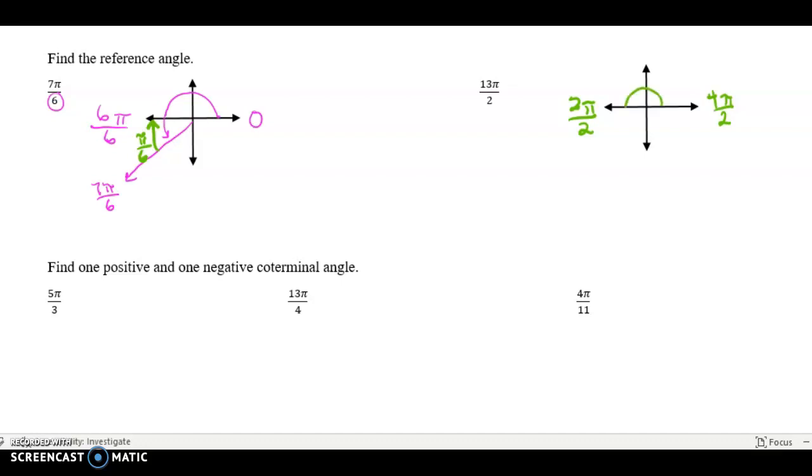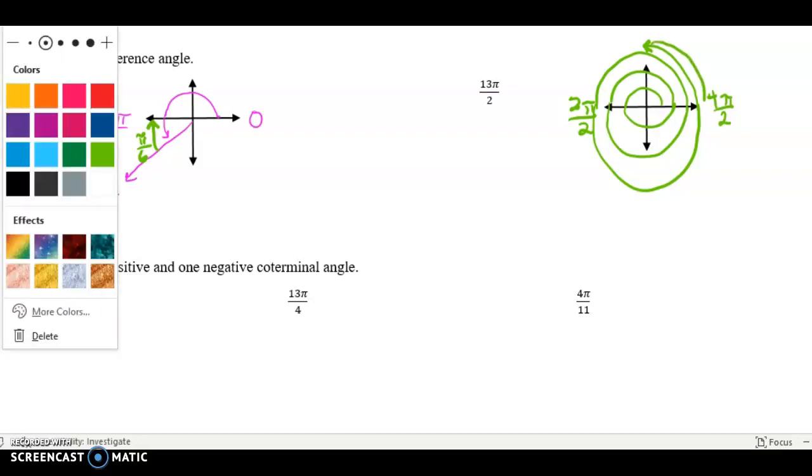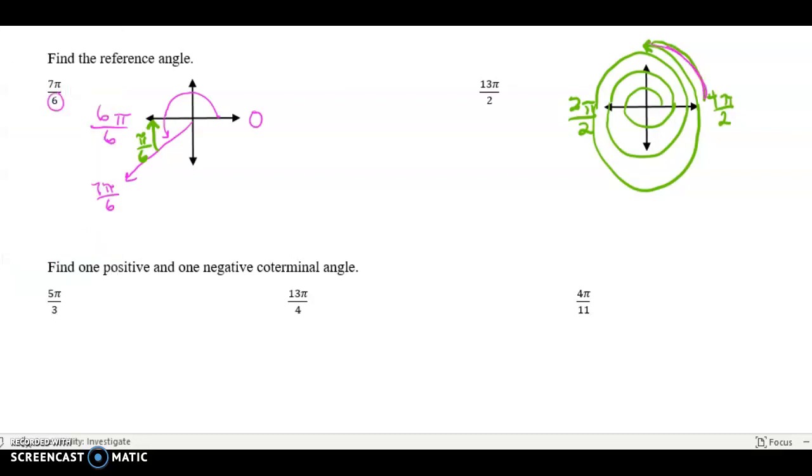So we've got 2 pi over 2, 4 pi over 2, 6 pi over 2, 8 pi over 2, 10 pi over 2, 12 pi over 2, and 13 pi over 2 would be right here. So my reference angle, the shortest distance back down to the x-axis, my reference angle would be pi over 2.